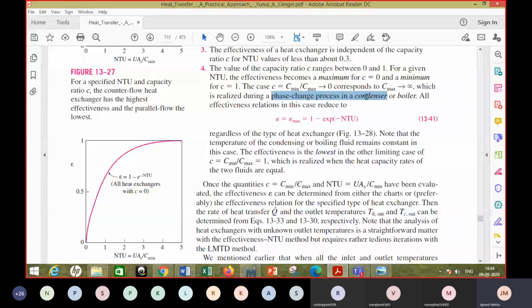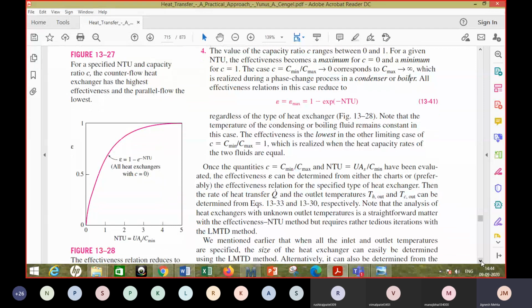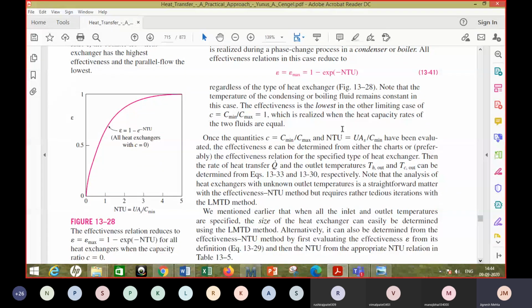When there is a phase change without any temperature change, the heat can be absorbed or delivered. That can happen in a condenser or boiler, and at that time the effectiveness would be the maximum, given by the formula 1 minus exponential of minus NTU. So that graph has been plotted here.